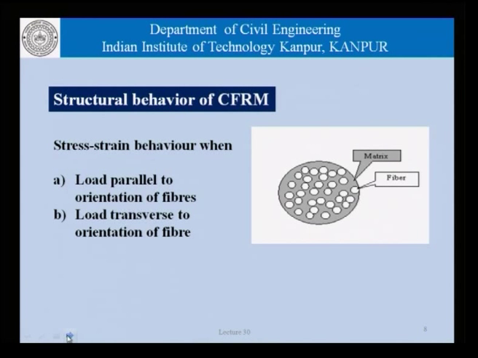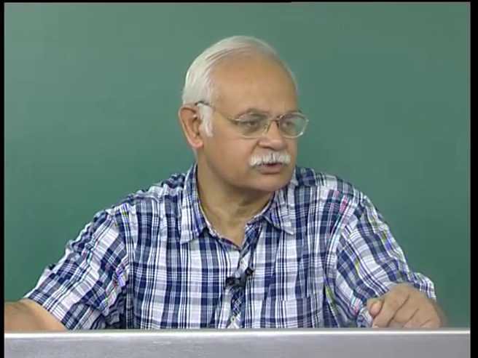Now, continuing our discussion, let us try to understand a little bit more about the structural behavior of CFRM. We will try to study it using the stress strain curve as the manifestation. We will try to see how the stress strain curve of CFRM behaves as we use different fibers, as we use different fiber volumes, and so on.